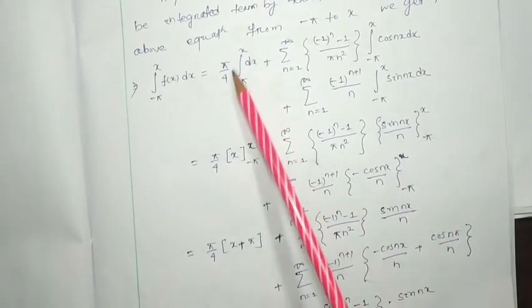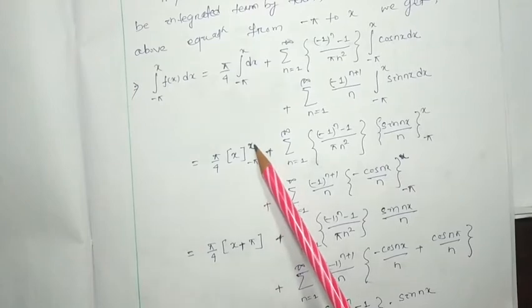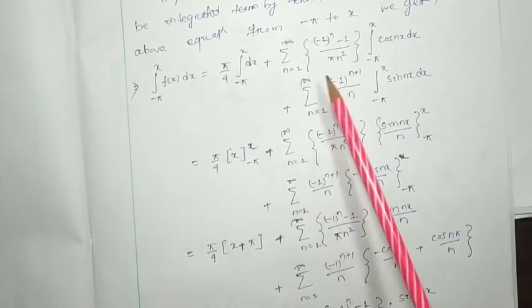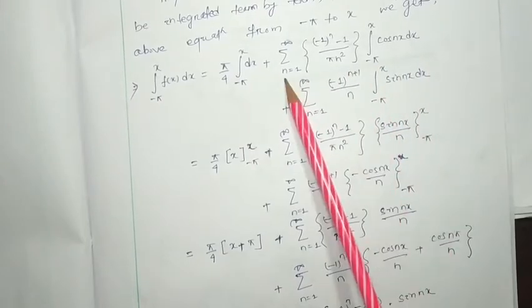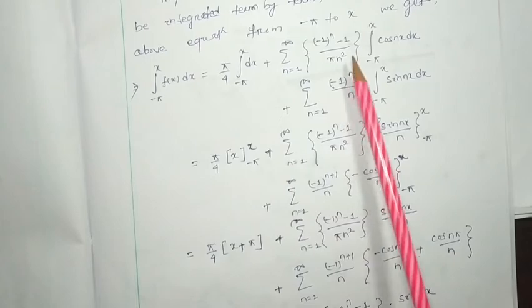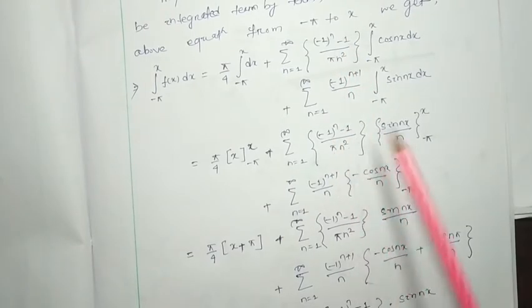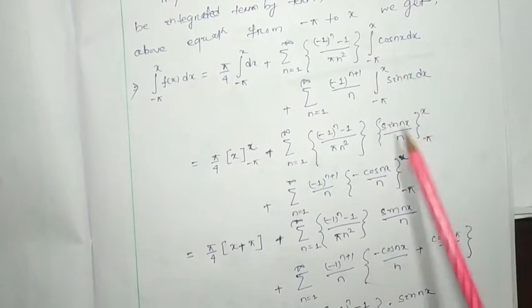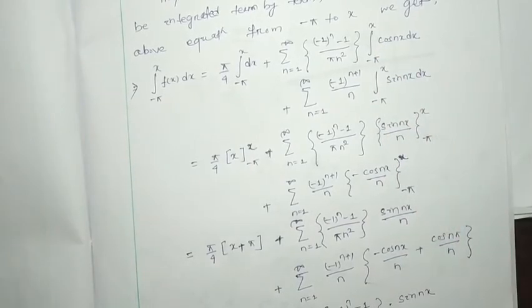Now we have to integrate this. The first one will be x with limits −π to x. Then consider this term: the summation from n equal to 1 to infinity of ((−1)^n − 1)/(πn²), and the integration of cos nx will be sin nx by n, with limits from −π to x.